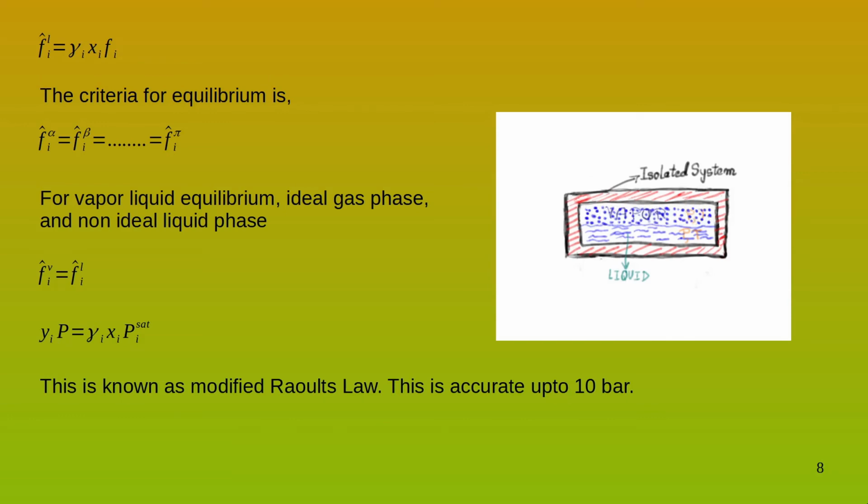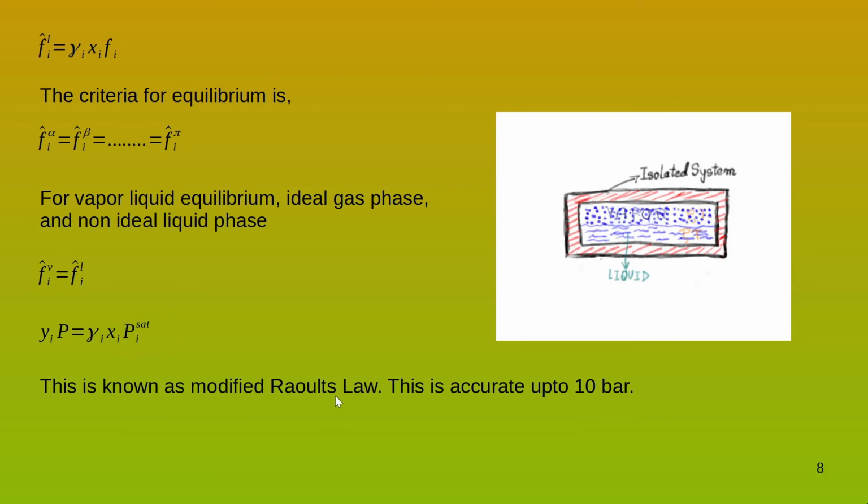You can go and look at that video in the playlist, and this will be equal to gamma i Xi Pi sat. Now remember here that Fi, that is the fugacity of component i, is replaced by Pi sat. Fugacity has the same units as pressure. It is one way of representing pressure. Now for a liquid, the pressure under which any component i exists is nothing but its vapor pressure.